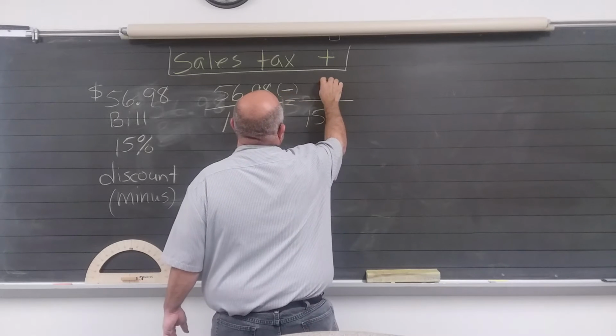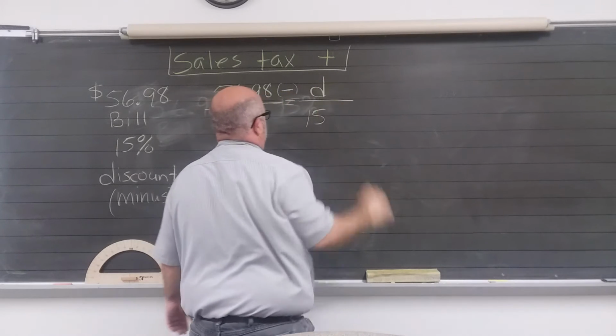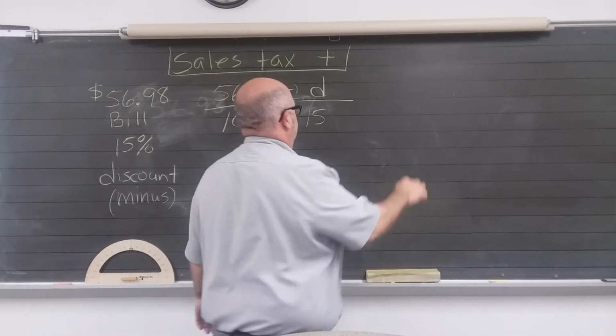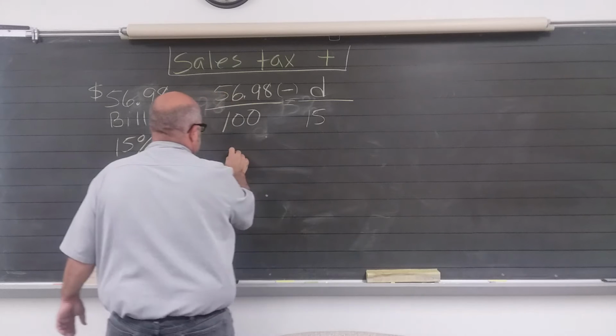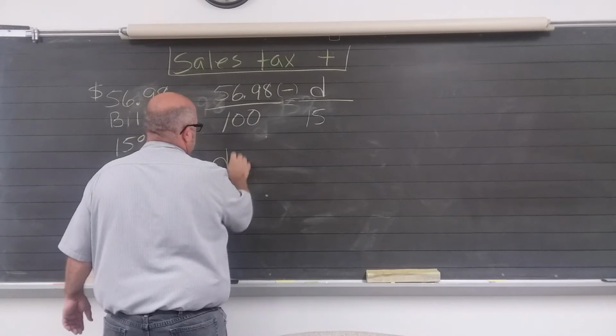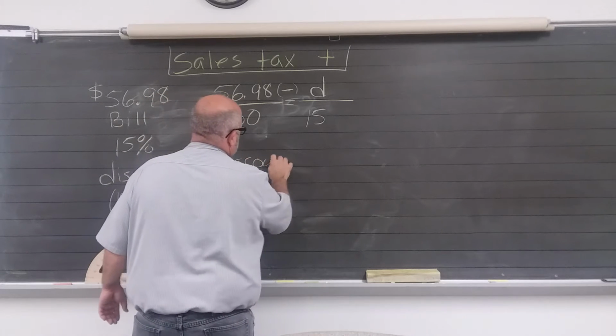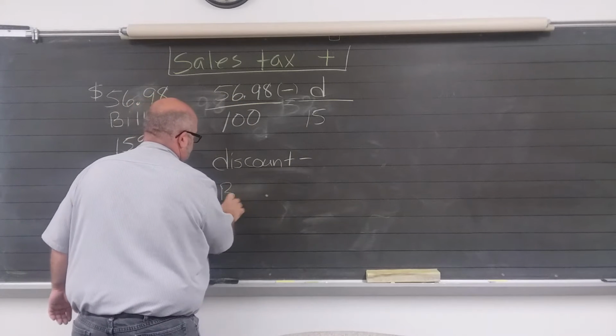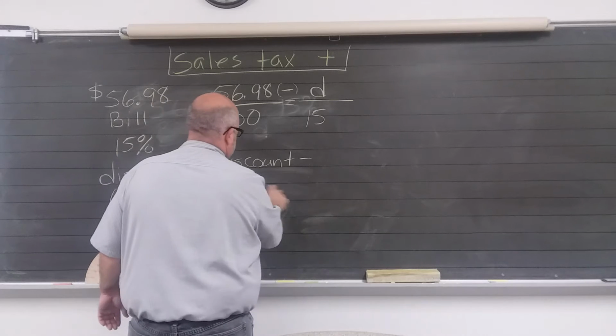So your missing number, the discount, that's how much you're taking off. And for your final answer, you want how much is the discount, and what is your total bill then? All right?